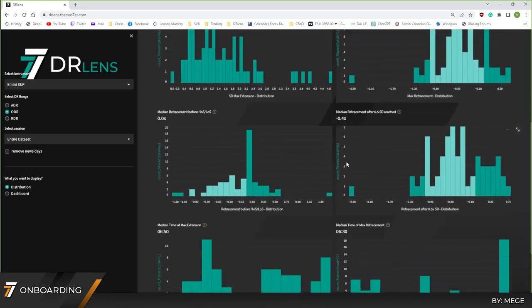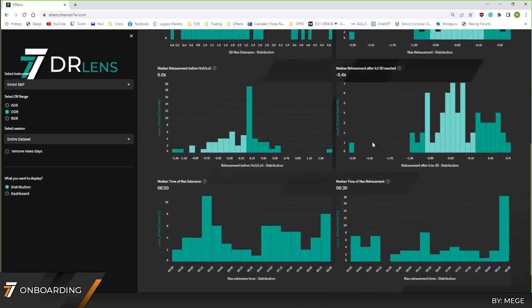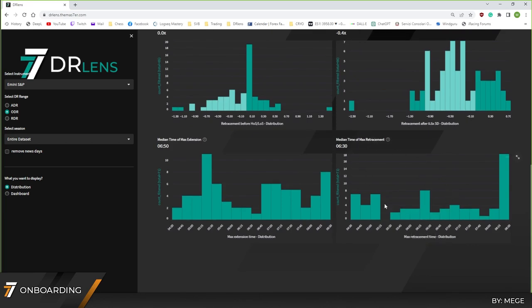Okay, people following, great. So what do we look at? First thing first, we'll look at the time of retracement. So this is not the nicest, right? Because we can see the max retracement time happens a lot in the last 15 minutes of the session.